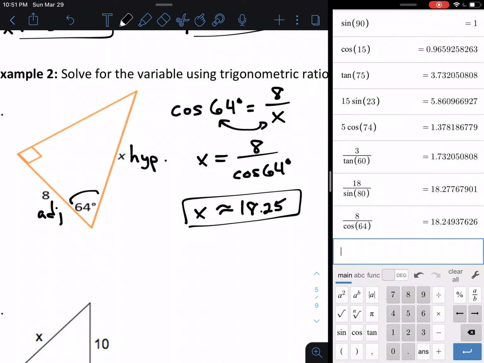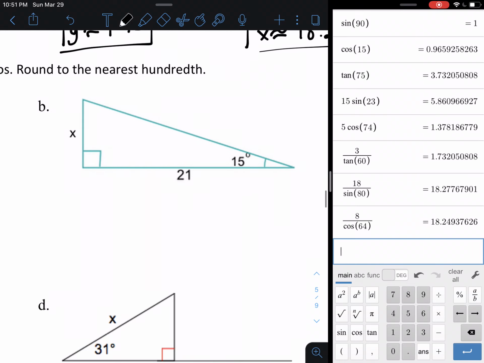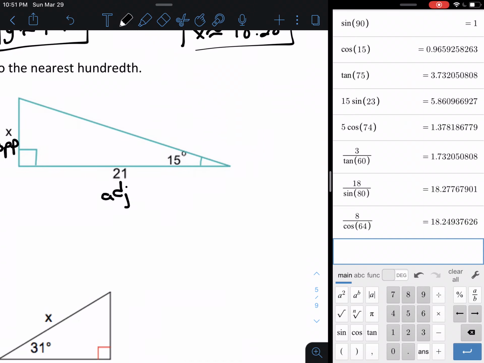Okay, cool. Let's take a look at another one. So in example B, let's again look at our angle, which is 15 degrees. In this case, x would be our opposite side, 21 would be our adjacent side, so we need a trig ratio that relates opposite to adjacent. That would have to be tangent. So tangent of 15 degrees is equal to your opposite side divided by your adjacent side.